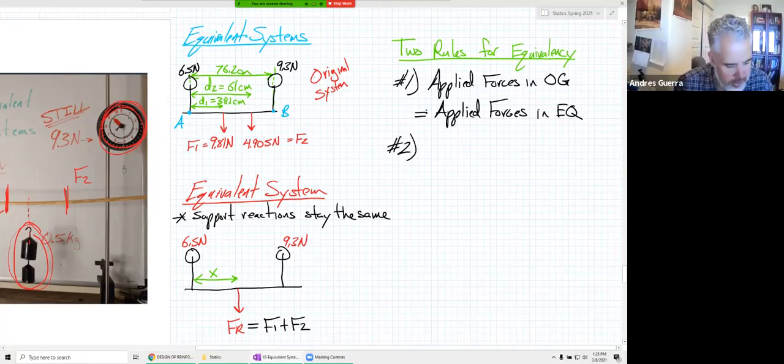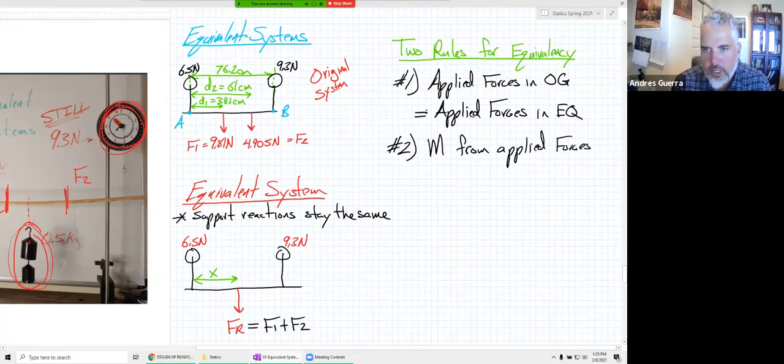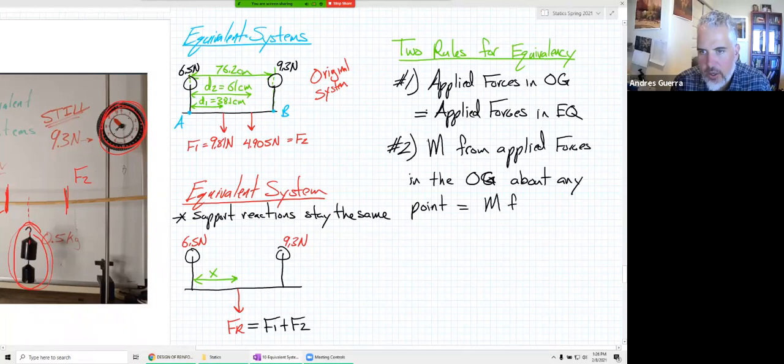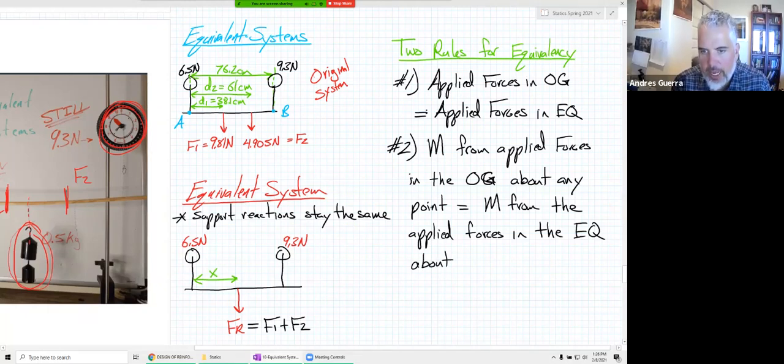So the moment from the applied forces in the OG, about any point, and we can pick any point, has to be equal to the moment from the applied forces in the EQ about the same point.